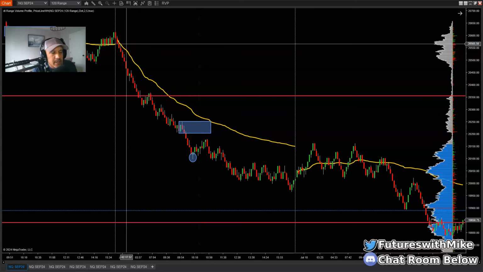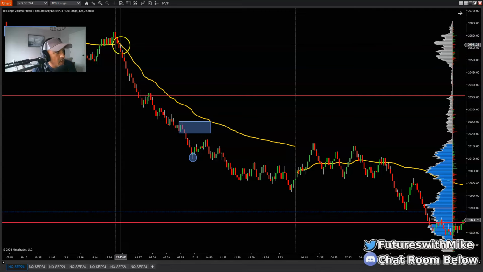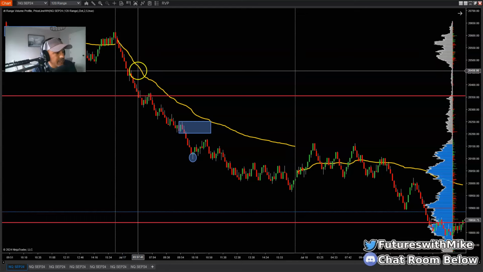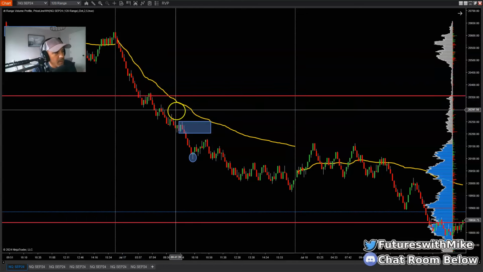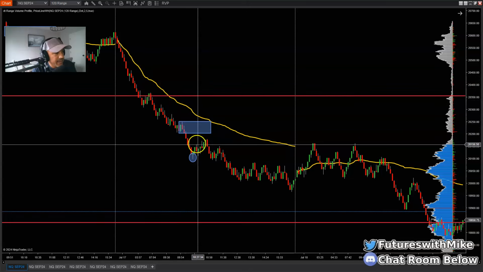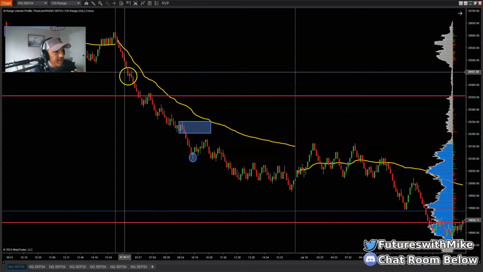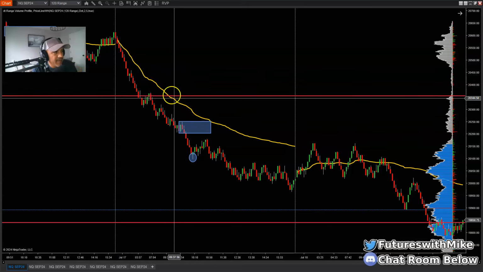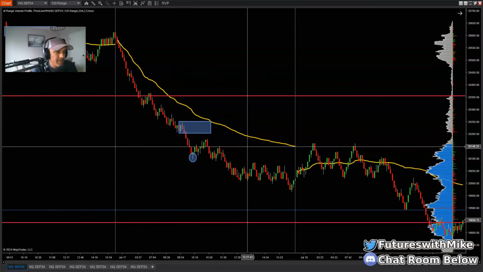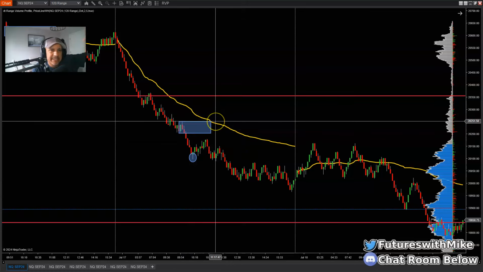Another thing we can keep our eyes open on is the yellow VWAP line you see right here. We are trailing underneath it, okay, and we have a distance from it. That's primarily what you want to see. If the market is in a strong movement to the downside, that VWAP, or volume weighted average price indicator, is going to be tucked back to the upside some.